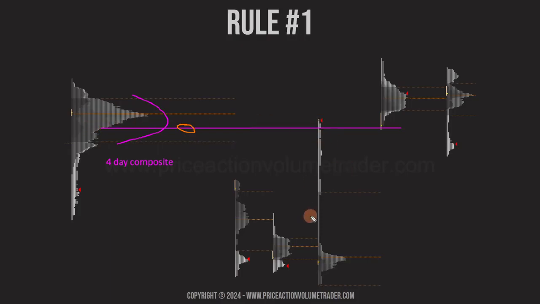And you can see how we had this big move. We closed within the balanced area of this composite, and then we just had a little pullback into these edges right over here where the time and volume interest dropped off. Retest, and then we just pushed up into the upper edge of this.